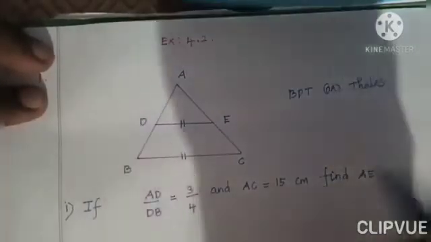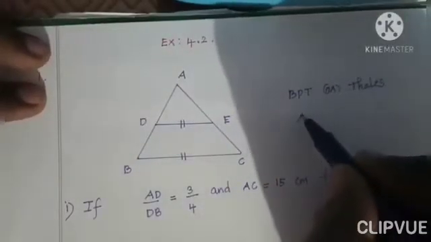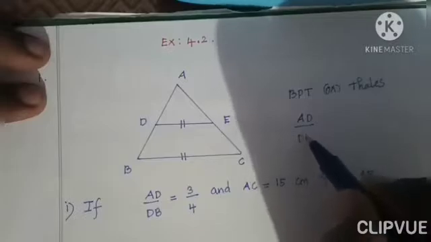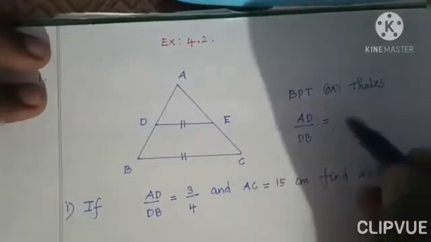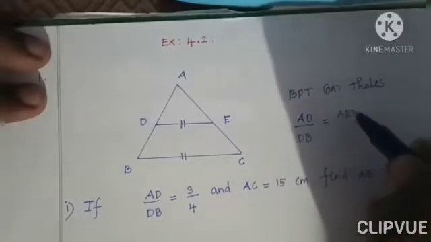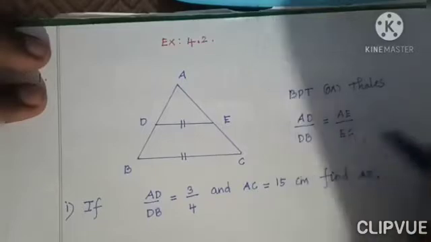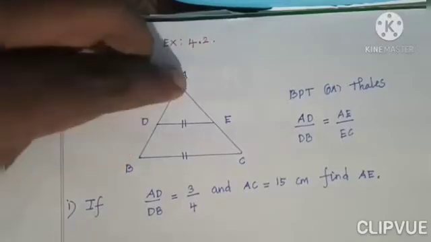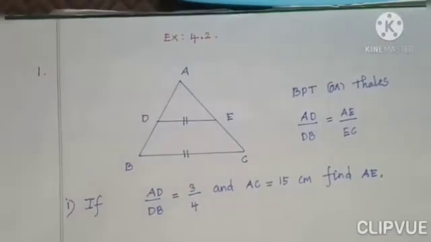This is the theorem. It can be written as AD by DB equal to AE by EC.